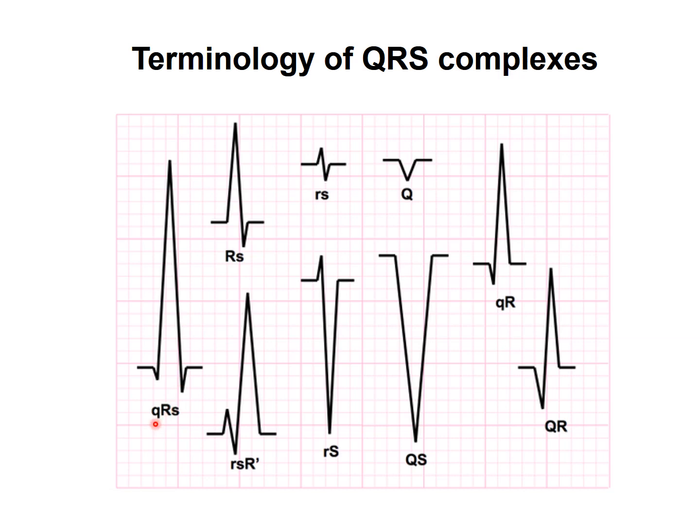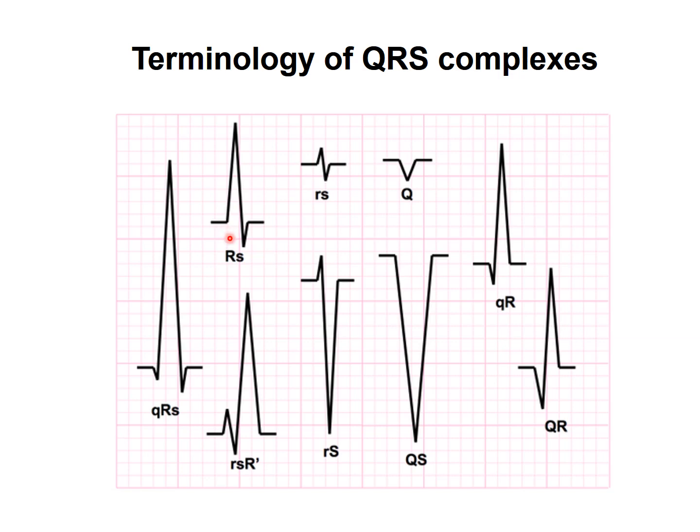So this small q, big R, small s represents a small negative wave in front of the first R wave. The R represents a positive wave, and the S is the small negative wave after or behind the first R wave. In this case, we have no Q wave because the first R did not start with a negative wave.